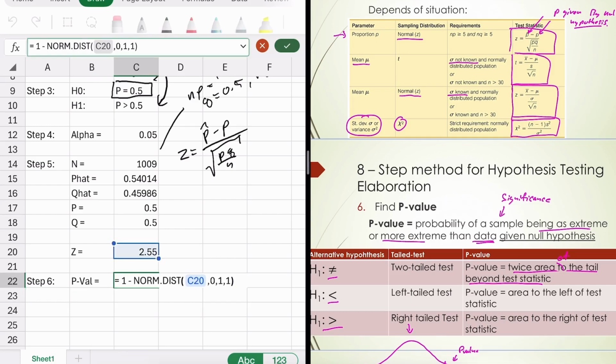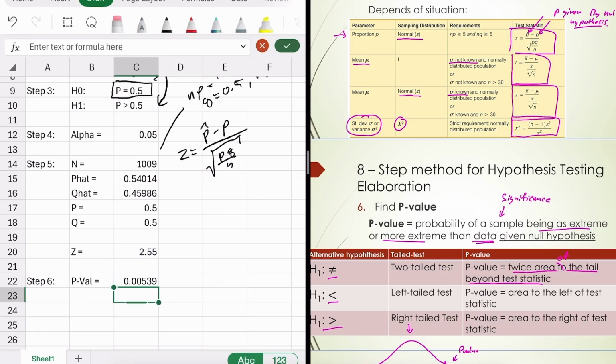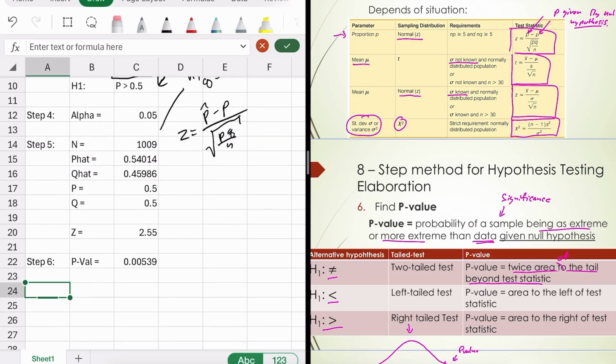The norm.dist is going to give me values, area to the left of my test statistic, which is 2.55 standard deviations above the mean. That norm.dist value is really big. It's the area on the left, but I want the area on the right. So I'm going to subtract from 1 the area on the left to get the area on the right. And I get 0.0053. Okay, I found my p-value.